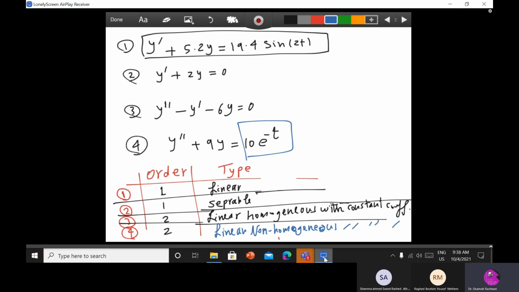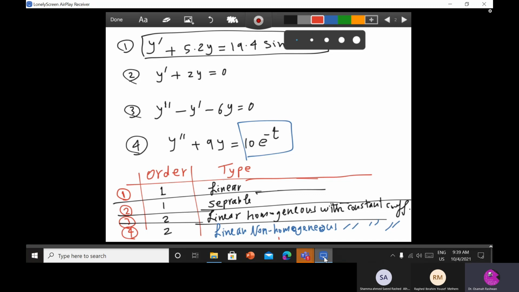Also with constant coefficient, right? So this is the main point: how to classify your differential equation just to start solving it. We know how to solve them because we classify them, okay?